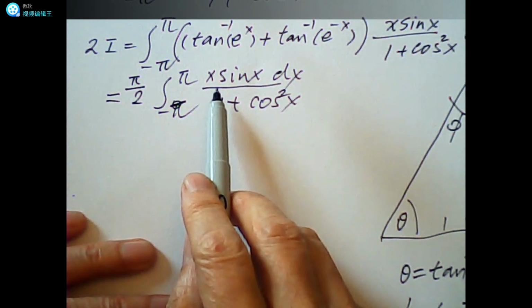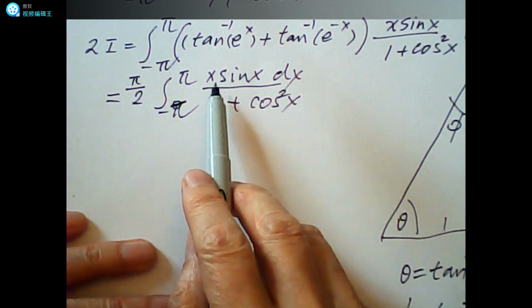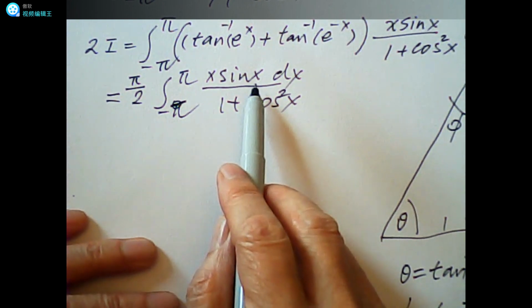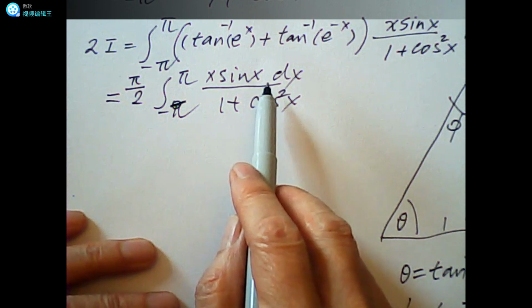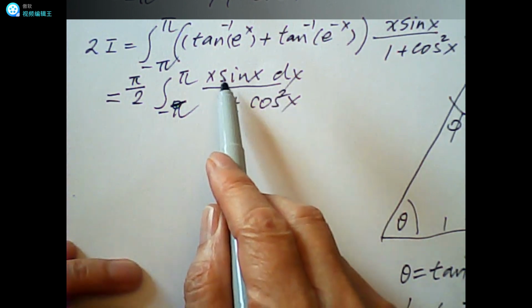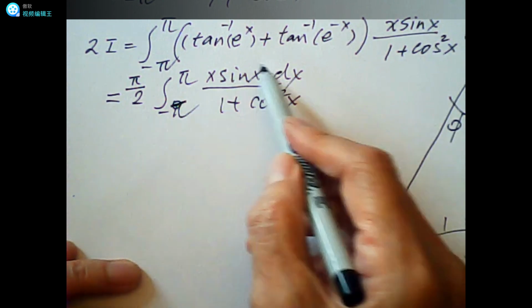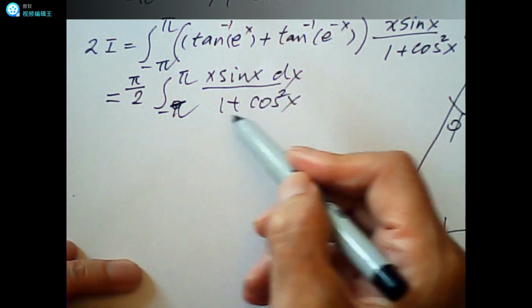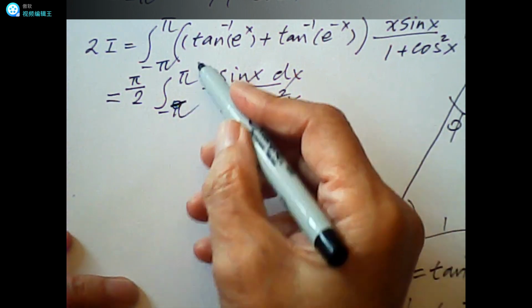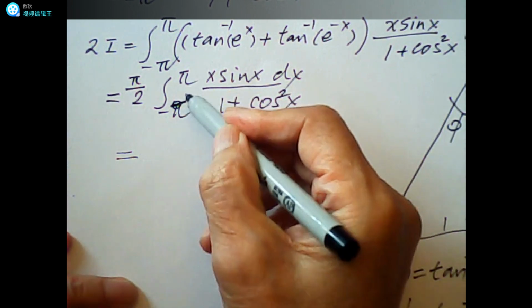Since x times sine x is an even function, right? When x is negative, there's no change. This is also even. Therefore, the whole integrand is an even function, and we can just double it.